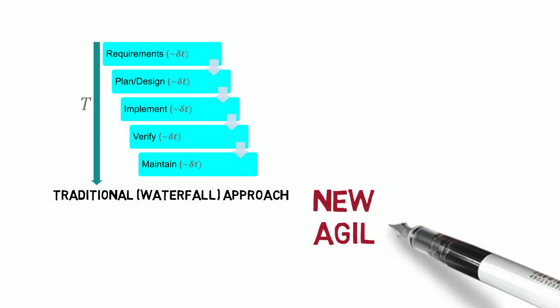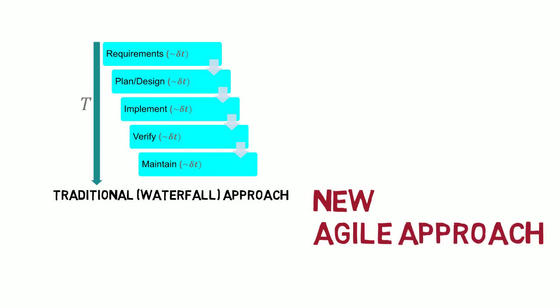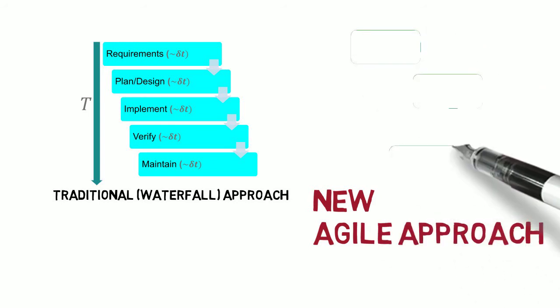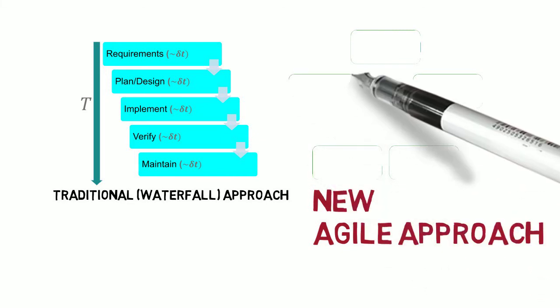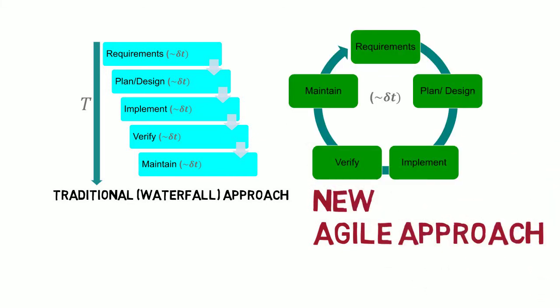In the new agile approach, we work in a cycle where we revisit each of the steps in implementing a project within a very short period of time. And then we continue traveling in this circle over and over again.